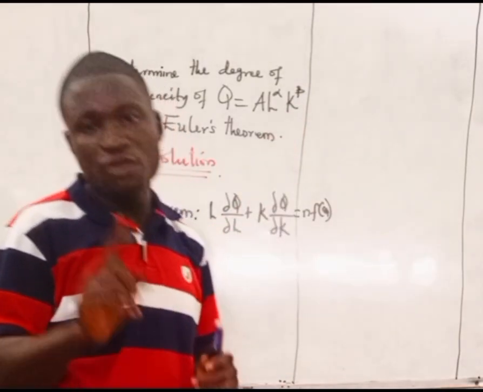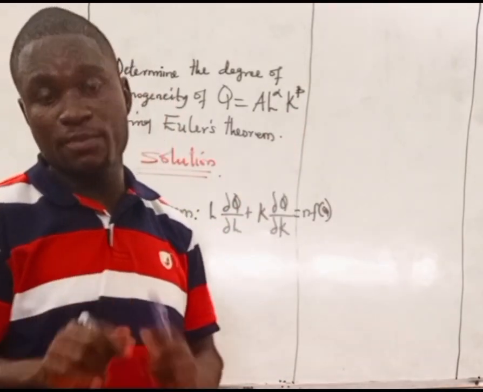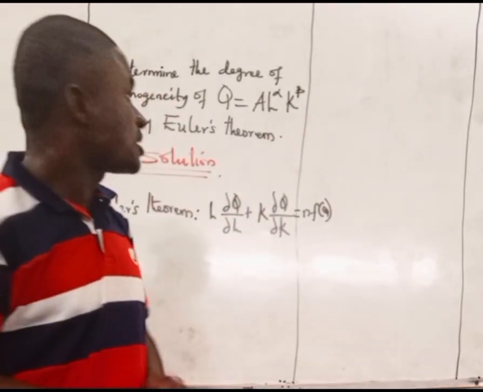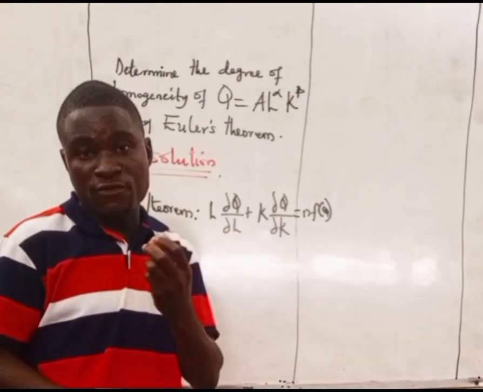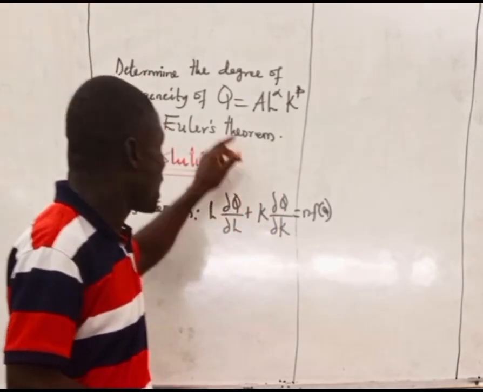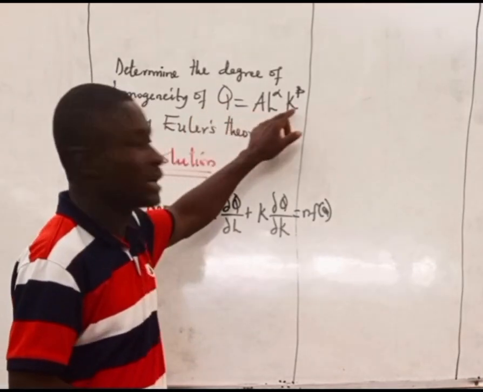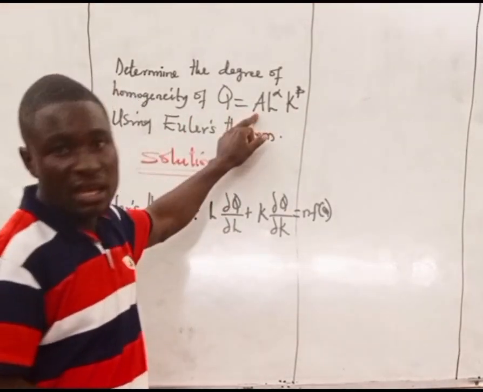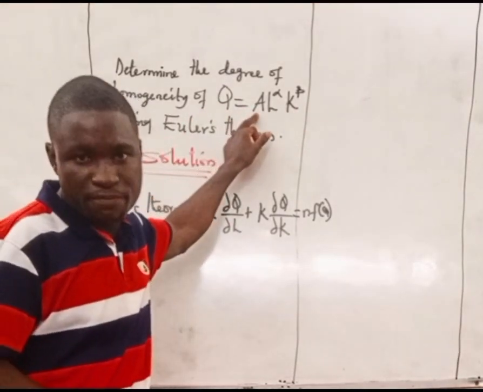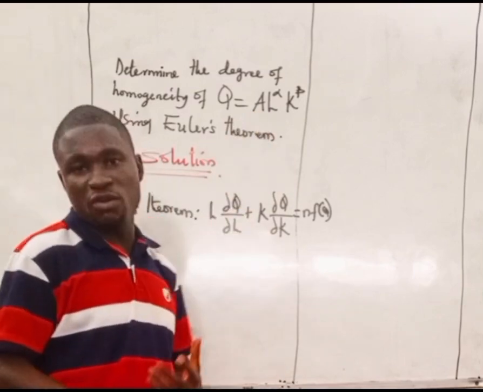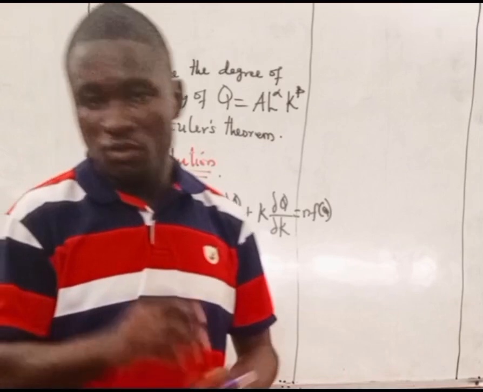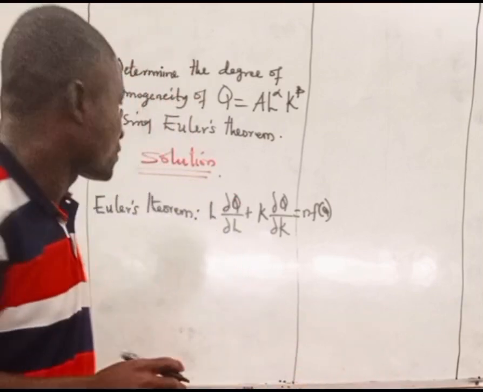Now the question is, how do I know that I need to differentiate with respect to L and K? It is because the major variables in this function are Q, L, and K, where A is an efficiency parameter, which we can also call technology. You don't need to look at that first.